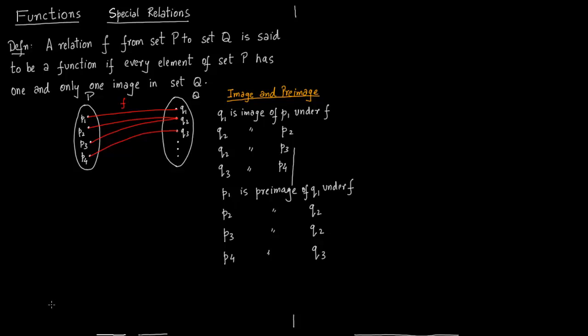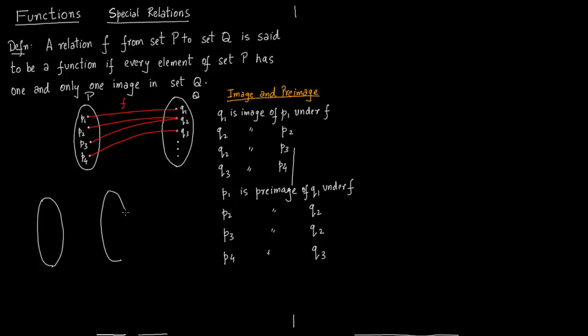Now let us describe what is not a function. So you can look up some examples in the previous slide when I described relations and see what relations are not functions. And here we will describe a particular example.